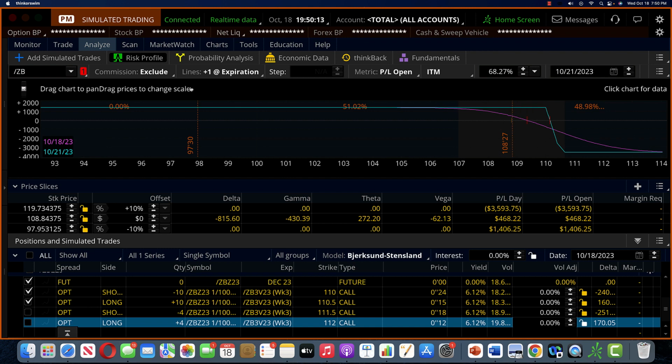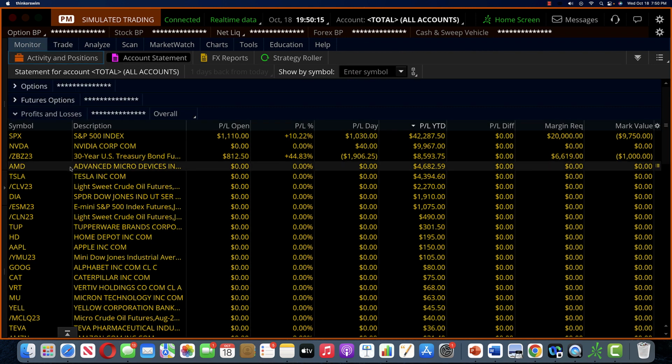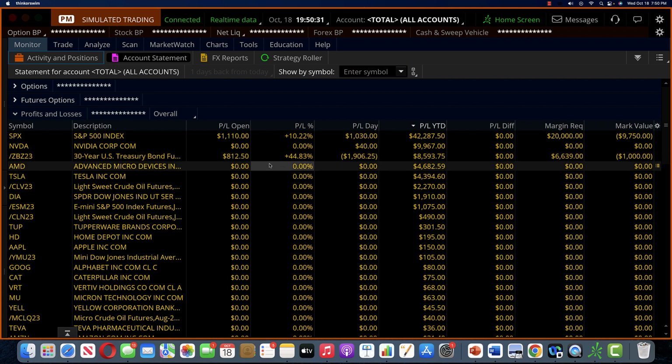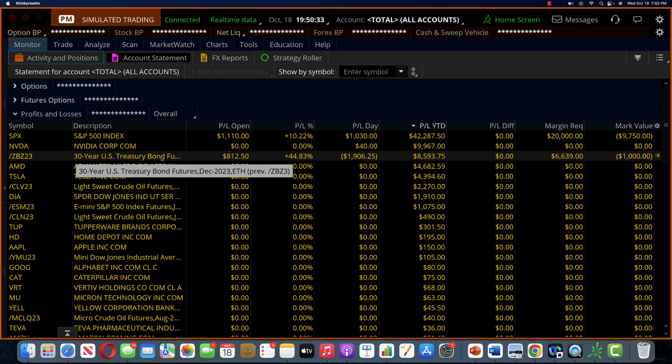And every time this gets to be around 60-70% max profit, you take it off, you rinse and repeat. So over the last month, okay, this was the profit here, 8,593 doing this game. And I've only risked 1,000 at a time. So that's huge. It's almost 1,000% return.